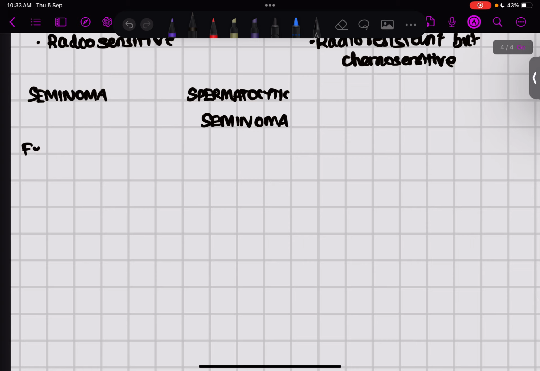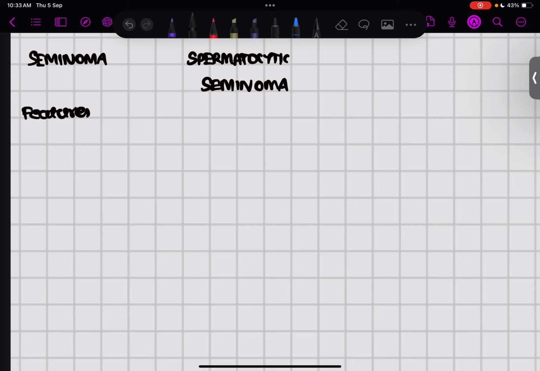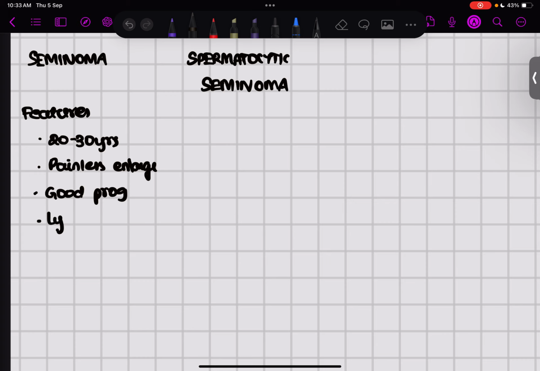Features: occurs mostly in adults 20 to 30 years, young adults, and there is a painless enlargement, good prognosis, lymphatic metastasis, and radiosensitive. This is basically what we had already seen.